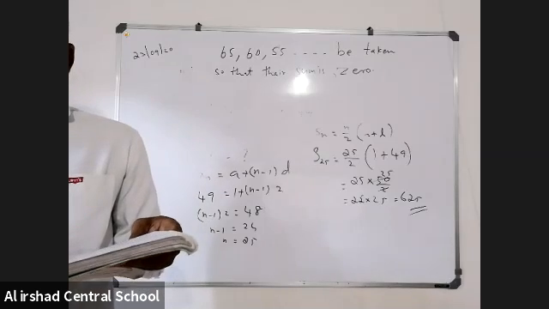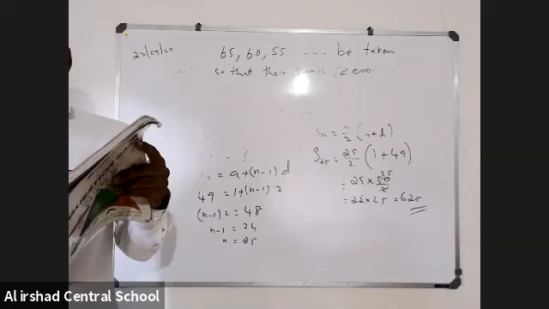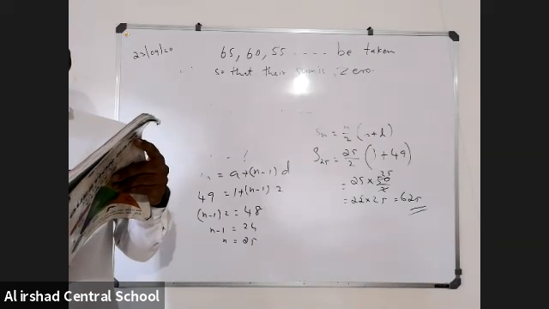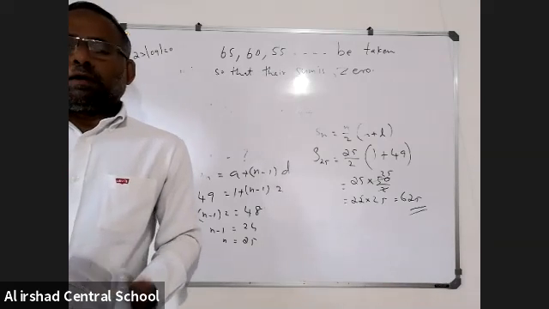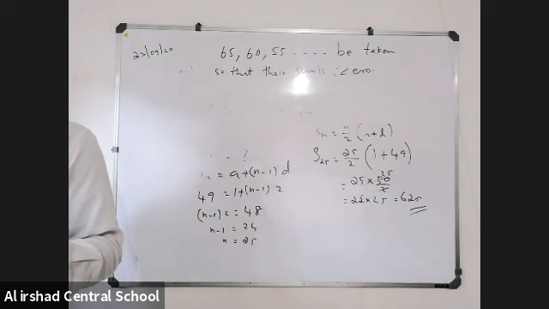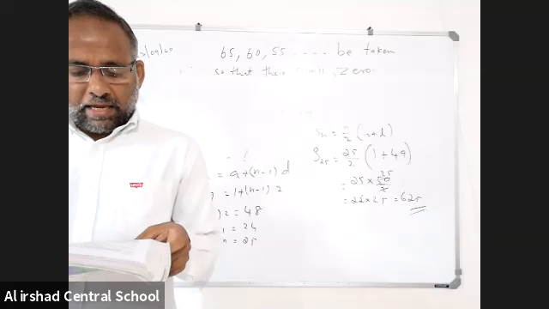Think about the question. Can you get any idea? A is given: what is A? 65.